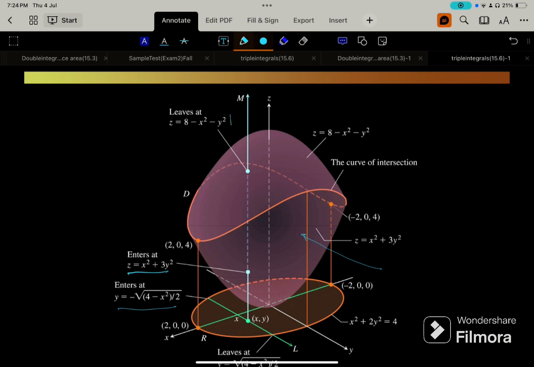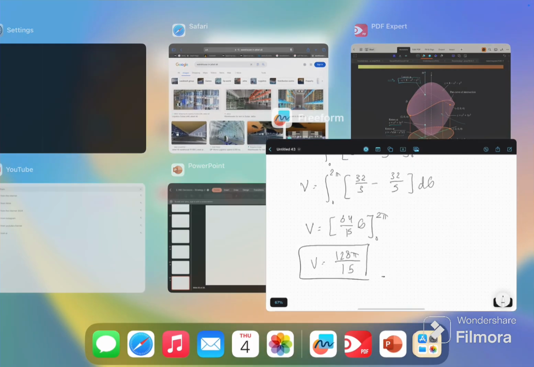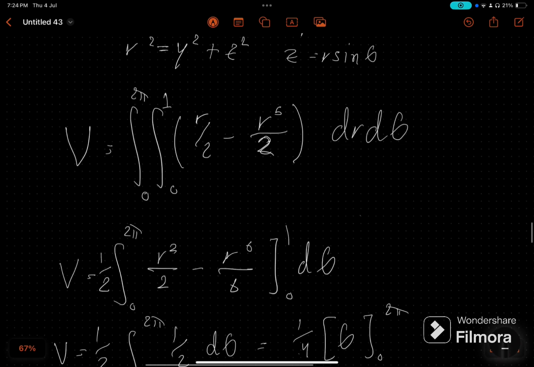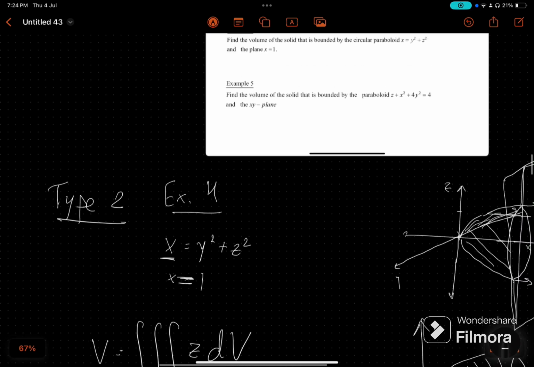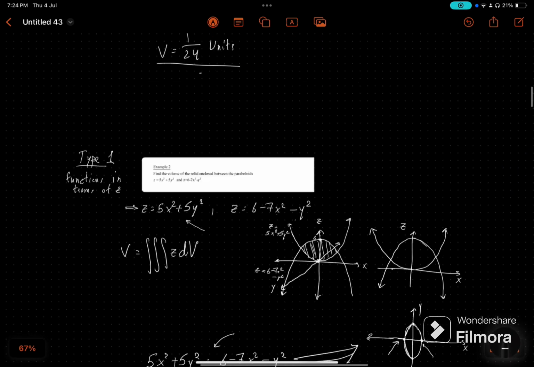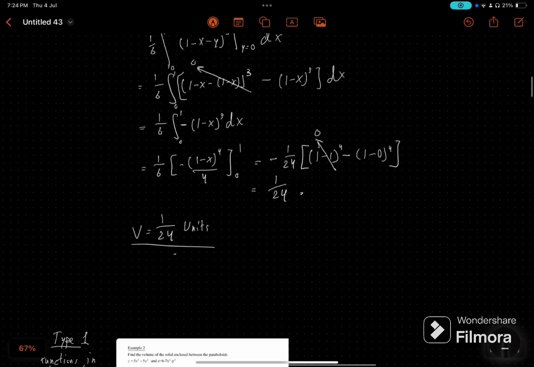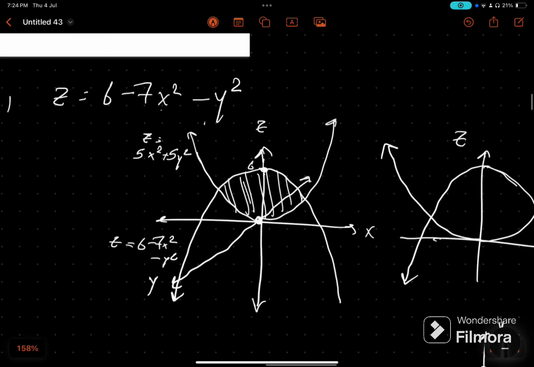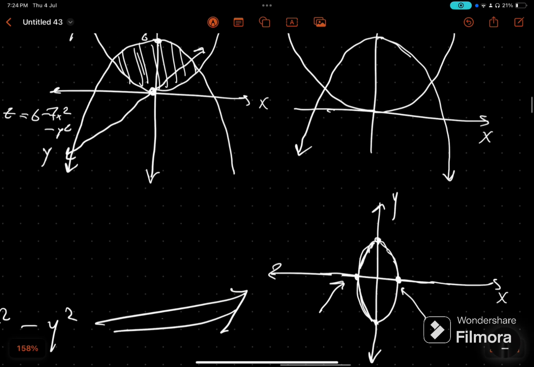So this is one of the things that we drew. This is one of the questions that we solved, which is the type 1 question. I could not draw it for some reason, so let me show you exactly what I was trying to show you. This is the tetrahedron, this is the type 1.